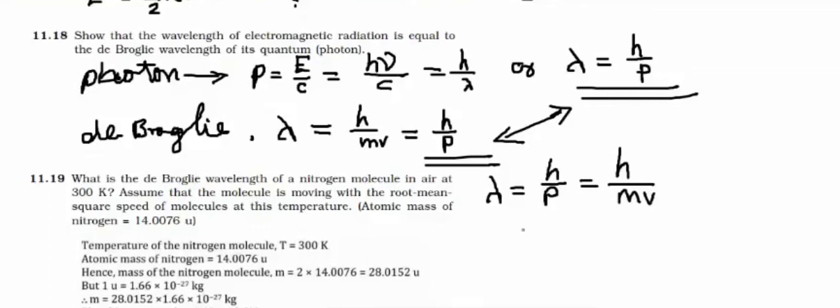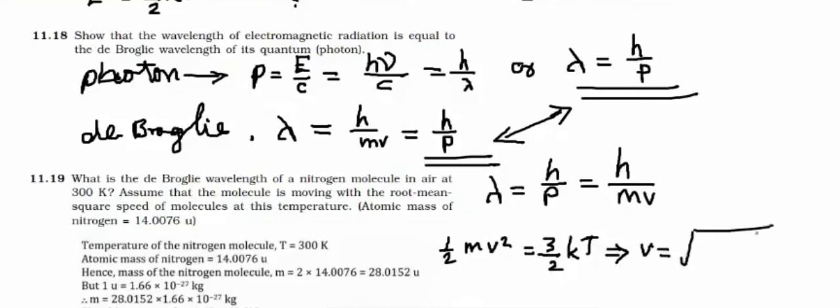Now, how can you calculate the value of v in this case? Either you can directly substitute, or you can use this formula: half mv square is equal to 3 by 2 kT. From that equation, you can find the value of v. v is equal to under root 3kT by m.